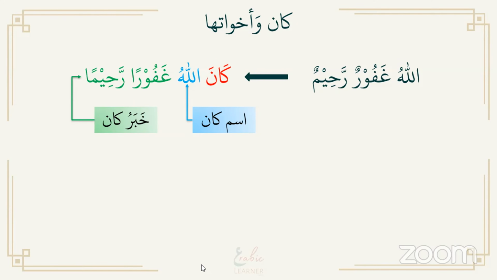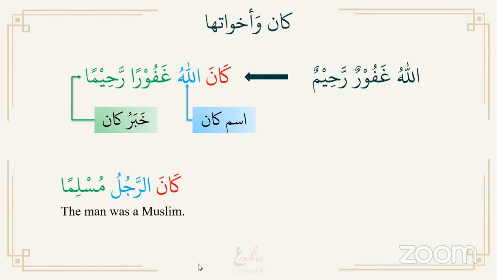Another example, Kana rajulu Musliman. The man was a Muslim. Suppose someone died and you are talking about him, you say the man was a Muslim. Now ar-rajulu is Ismu Kana, it is marfu. Musliman is Khabaru Kana.